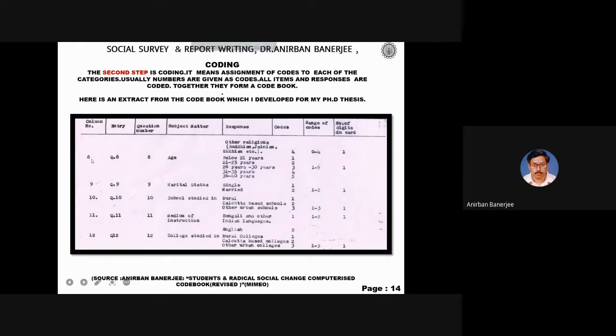Say column number 8, entry question 8. Question number 8, age. This is the subject matter. Below 21 years, 1. 21 to 25 years, 2. 26 to 30 years, 3. 31 to 35 years, 4. 36 to 40 years, 5.